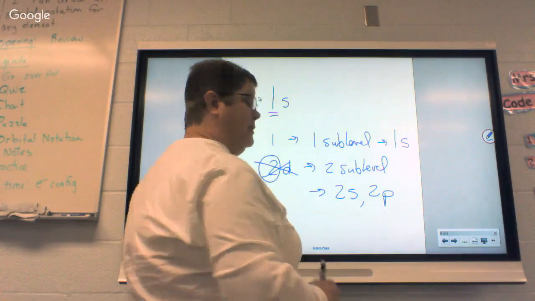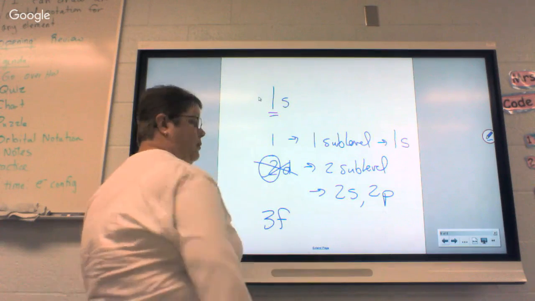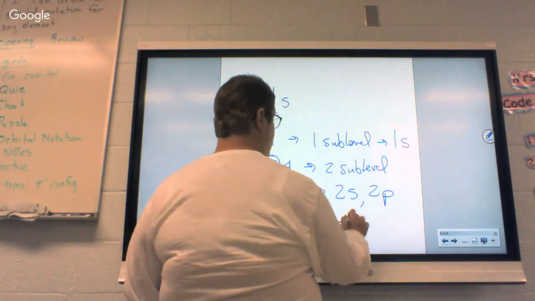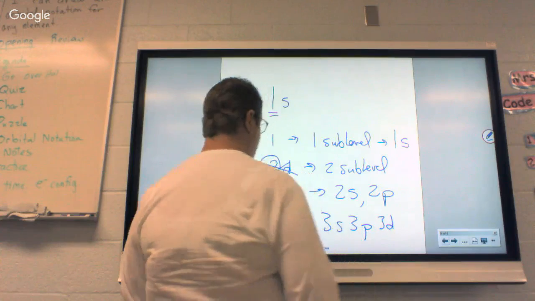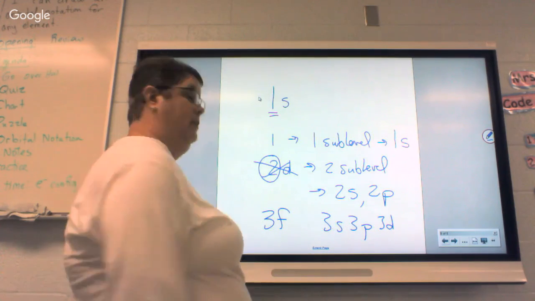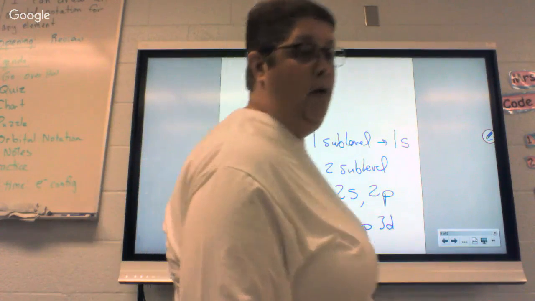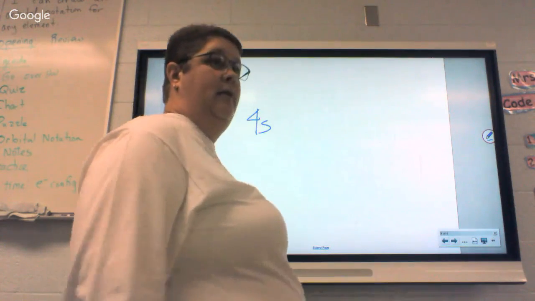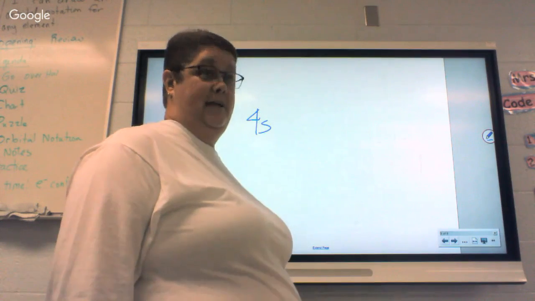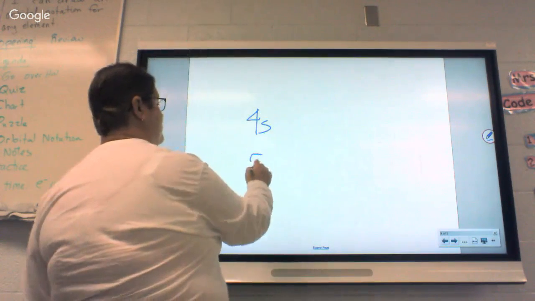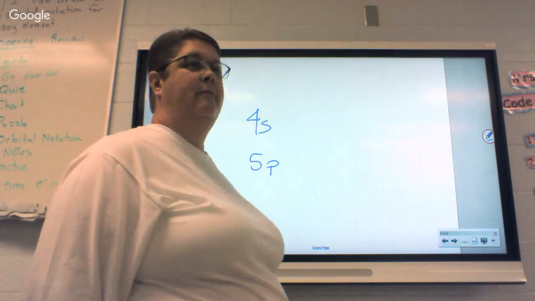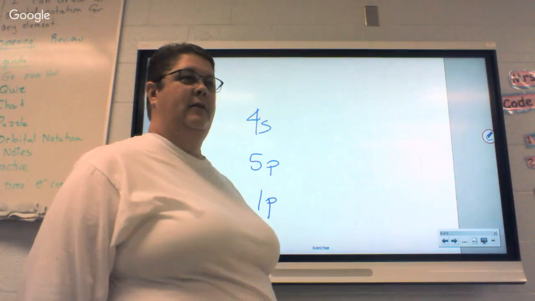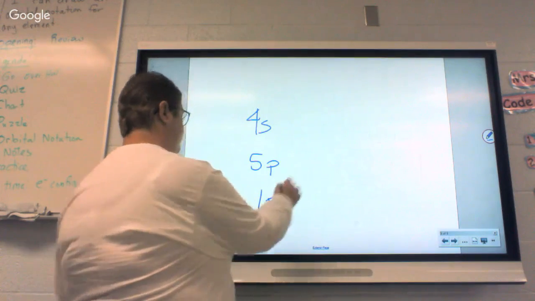So 2d cannot exist. What about 3f? 3s, 3p, and 3d. So can 3f exist? If we keep going, there's 4f. Can 4f exist? Yes. Can 5p exist? And the last one, 1p. Can 1p exist? Correct.